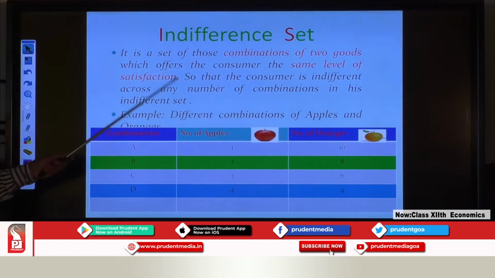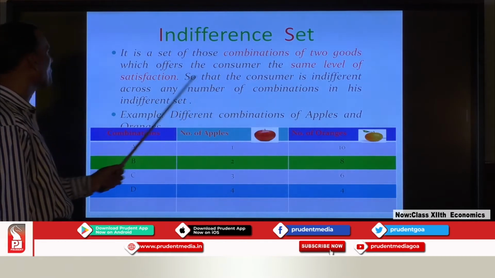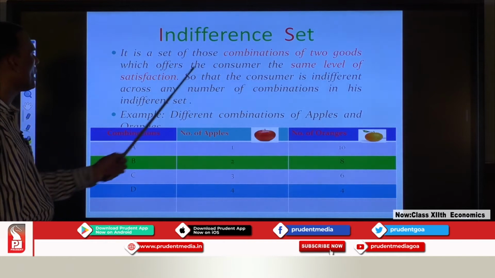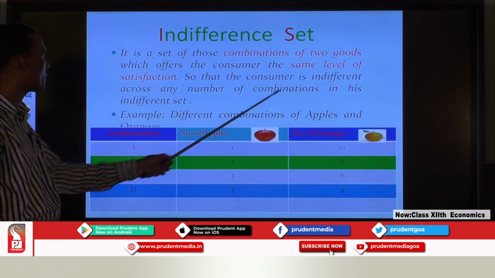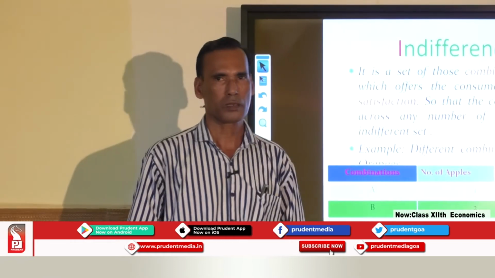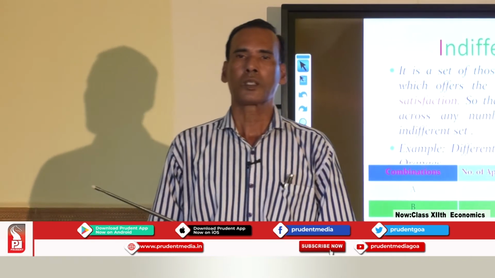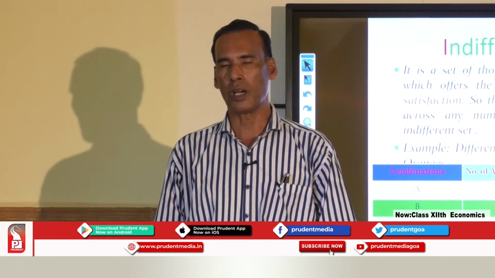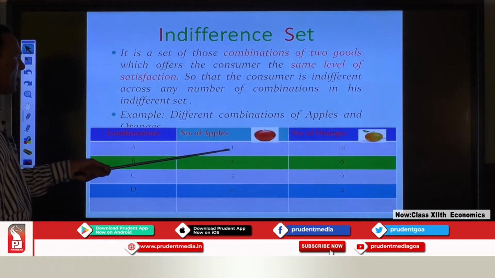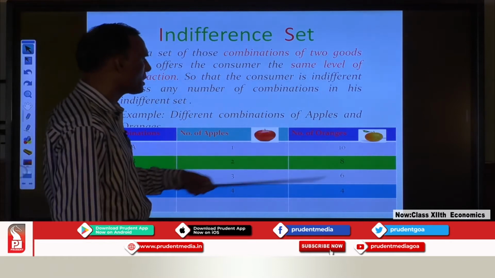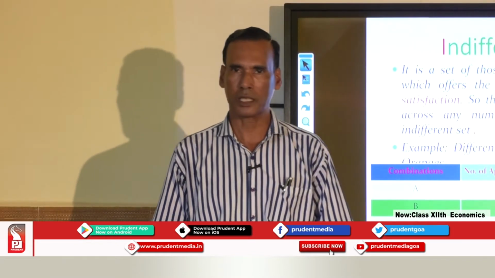Now, indifference set. It is a set of those combinations of two goods which offer the consumer the same level of satisfaction, so that the consumer is indifferent across any number of combinations in his indifference set. So, it is a set of two goods which gives the consumer the same level of satisfaction. For example, the example that I have taken here, apples and oranges. Combination A, I buy one apple and 10 oranges. It gives me satisfaction.